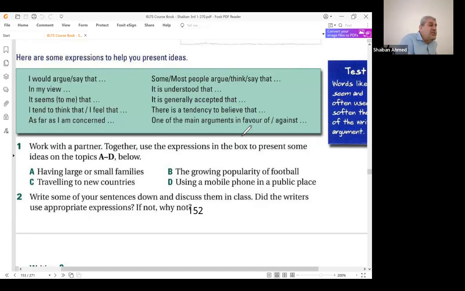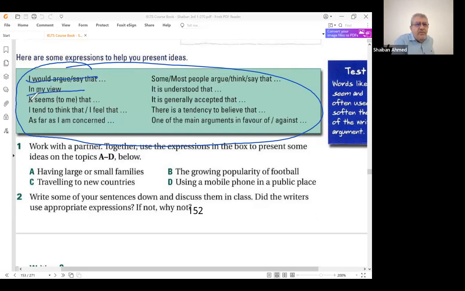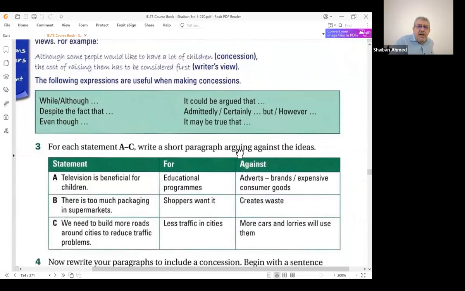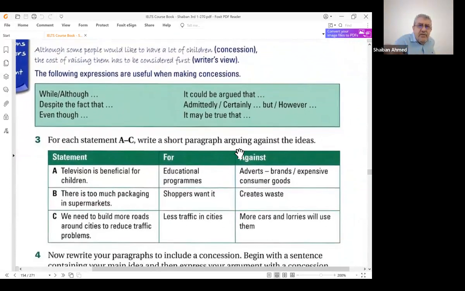How to make concessional statements? We have these tools here for a general view: I would argue that, in my view, it seems to me that, I tend to think that. To show concessional, you have to use the contrast phrases.